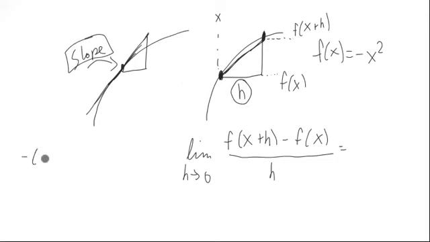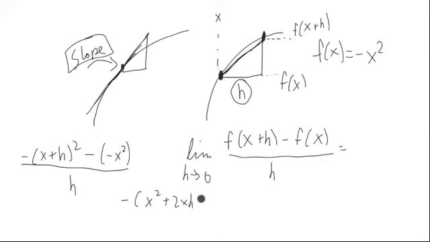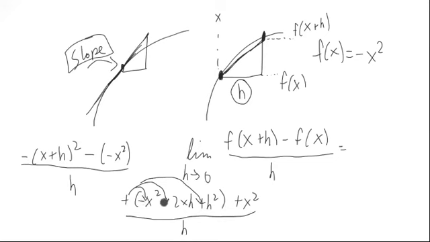So we get negative x plus h quantity squared minus a negative x squared, and we put that all over h, and we simplify here, multiplying that out, negative x squared plus 2xh plus h squared, and then we have plus x squared all over h, and see the x, so the negative distributes to there and to there, making all of these negatives right here, so that would cancel out with that.